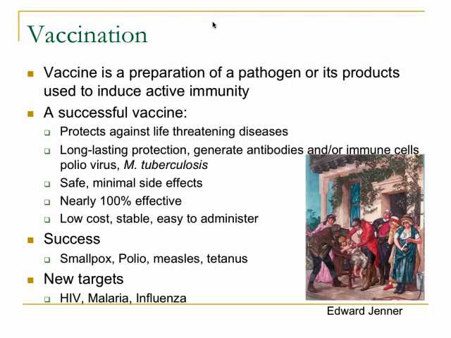Research is always being done on developing new vaccines against the most life-threatening infections currently in the population. Currently there are efforts to develop vaccines against HIV, malaria, and influenza.